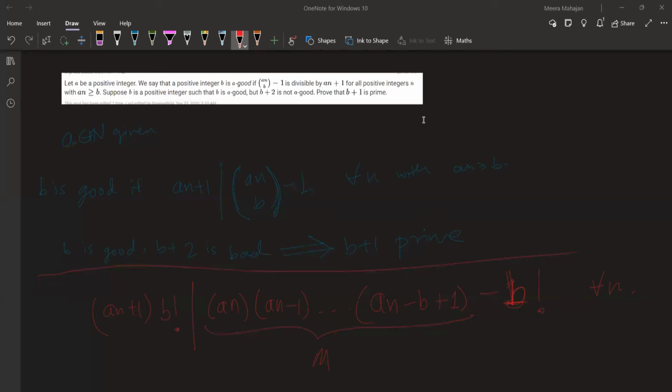But the issue is, in that case it becomes a polynomial, and you have to focus on a_n. This is more seen as a divisibility equation rather than a polynomial.